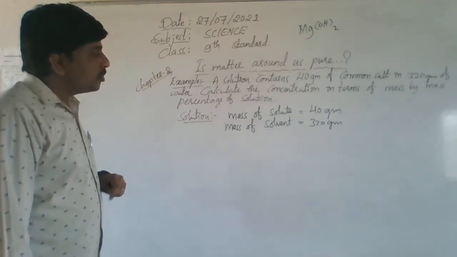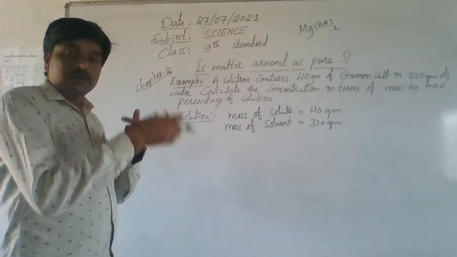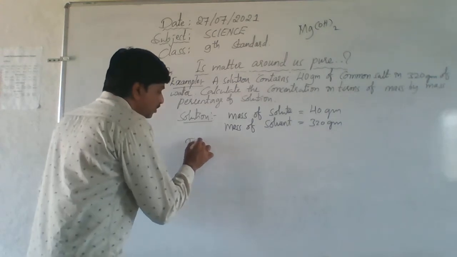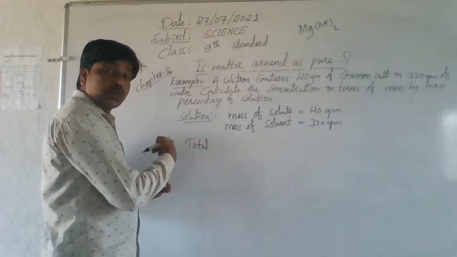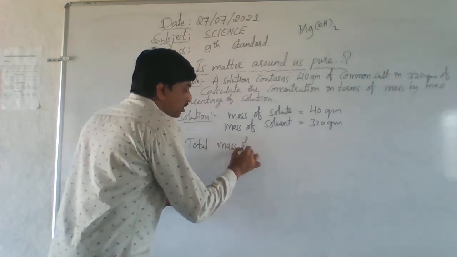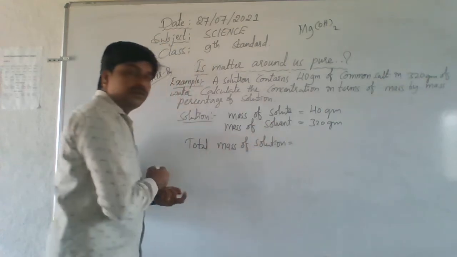So then what do you have to do? You have to first identify the total mass of solution. First we have to calculate the total mass of solution. What will you do?